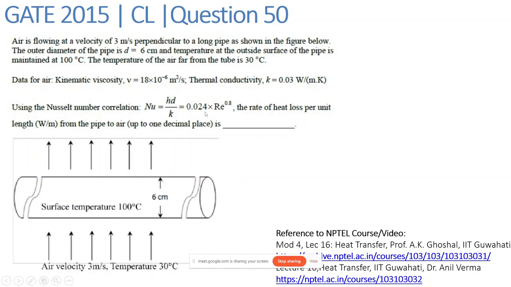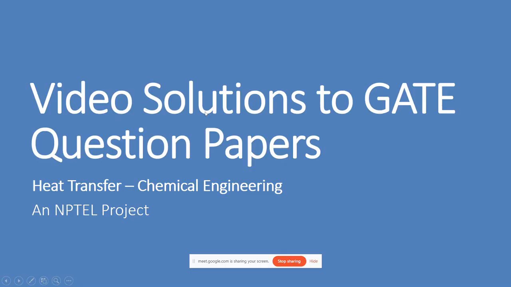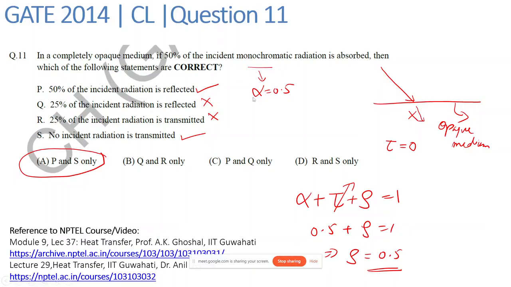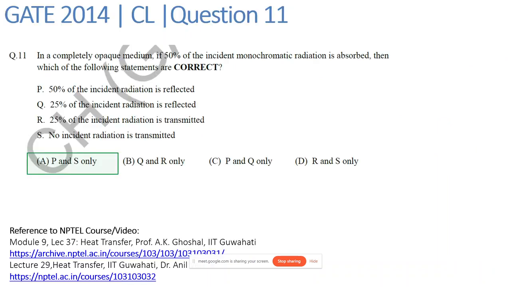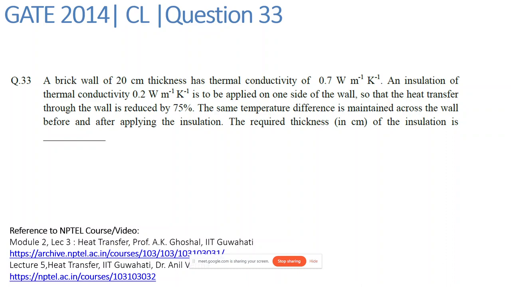Then questions related to Nusselt number correlation. Then a simple question related to the relation between absorptivity, transmissivity and reflectivity. Then one related to conduction across the wall and the effect of insulation.